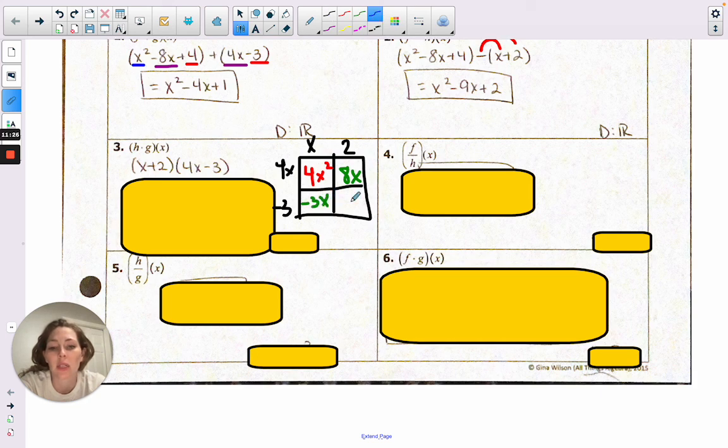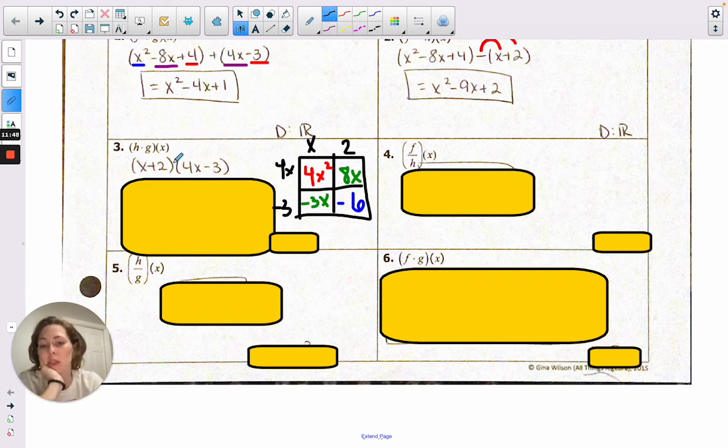And negative 3 times 2 gets me a negative 6. And I did it all in a different color because the ones that are in the same color are the only two that we are going to combine, that 8x and negative 3x. So these are going to be combined because they are my only like terms. Everything else you just write.